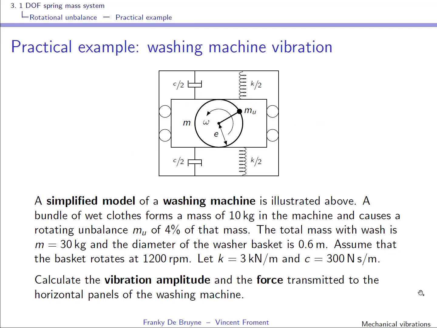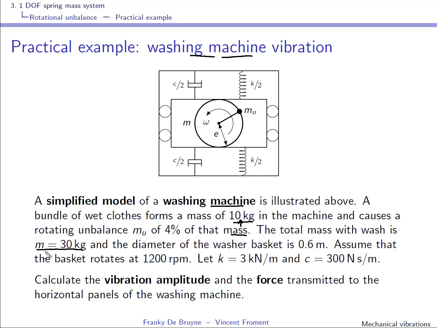Well, let us look now at a nice application for an engineer, which is the vibration on a washing machine. Here we have a simplified model for the washing machine, and we assume that the bundle of clothes of 10 kilo is rotating in the machine, and that there is a rotational unbalance, and that the rotating unbalance mass is 4% of this total mass of clothes of 10 kilos. The total mass with the wash is 30 kilos.